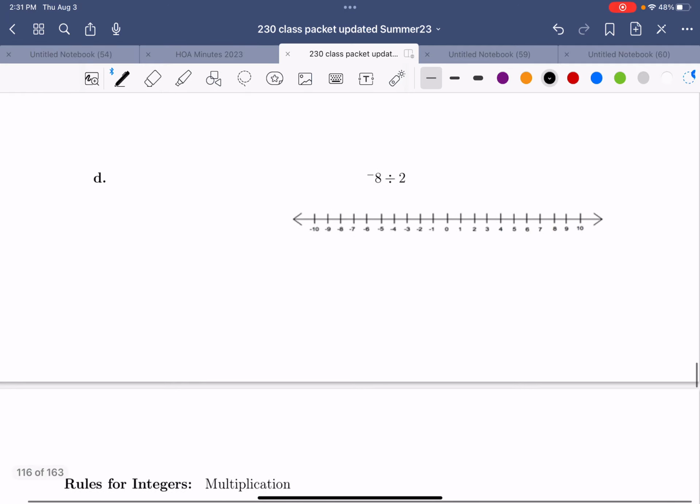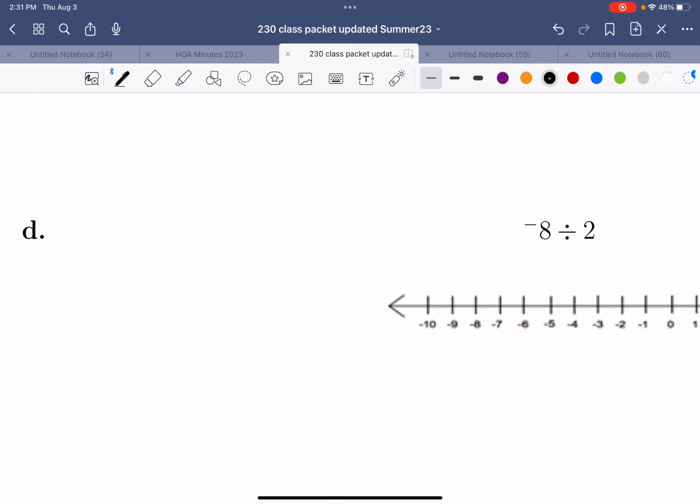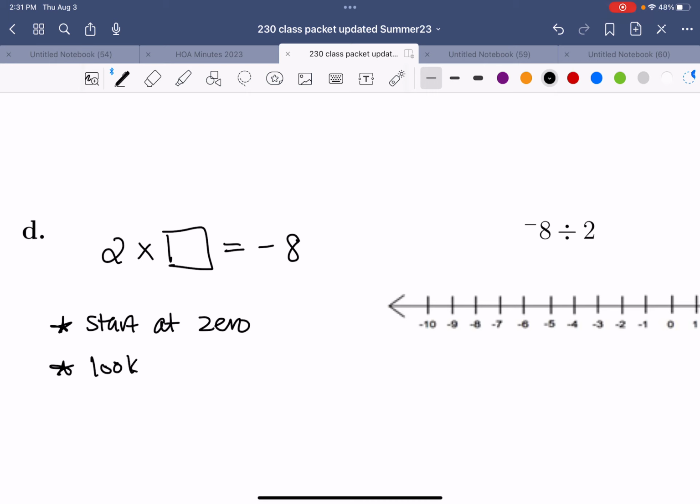And our last one, we have -8 divided by 2. So that means, 2 times some box has to give me -8. So we're going to start at 0. We are going to look at the positives because the 2 is positive.